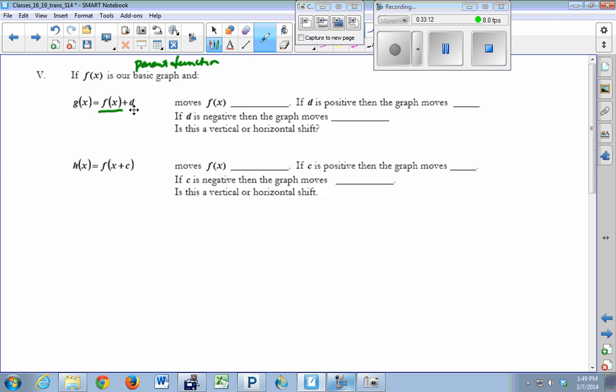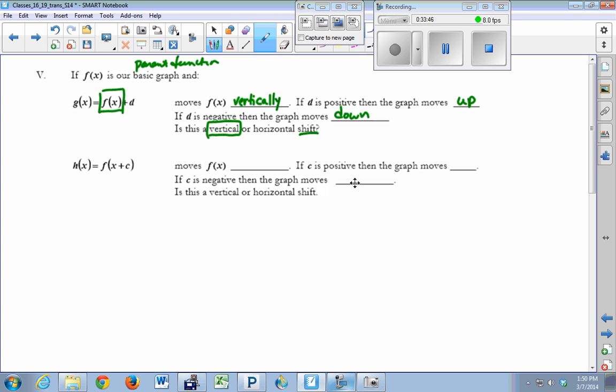If you're adding a constant, whether that constant's positive or negative, this is affecting all of your output values, so it moves your function vertically. If d is a positive number, then the graph moves up. If d is a negative number, then the graph moves down. And this is a vertical shift.